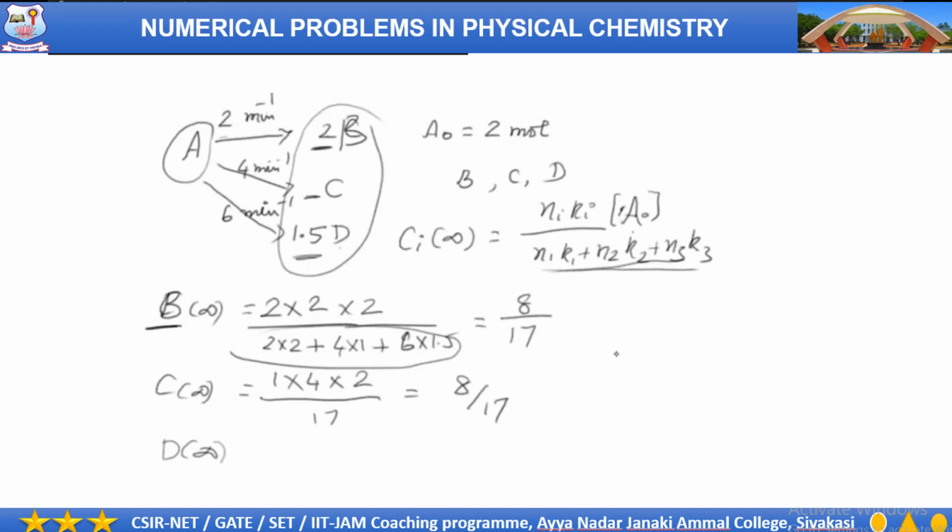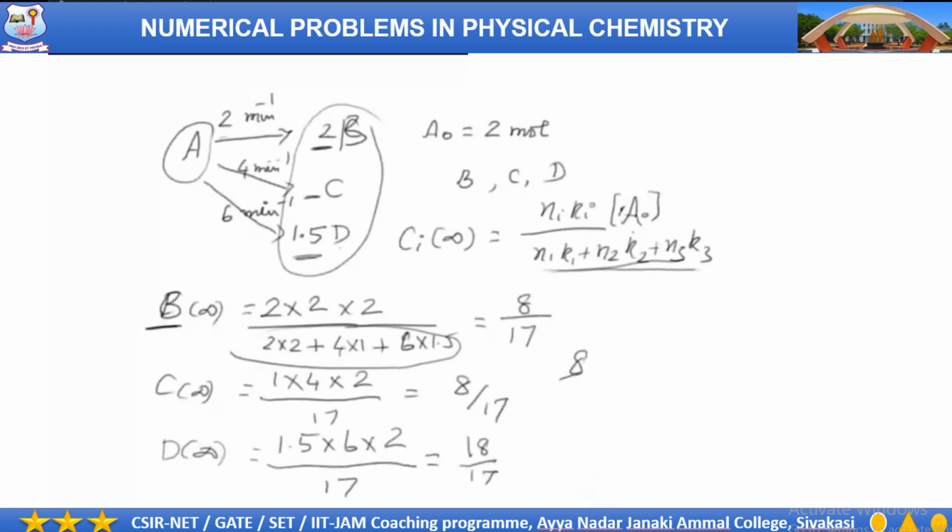equal to Ni Ki, 1.5 into A naught 2 divided by the one given by 12 into 1.6, 18 by 7.